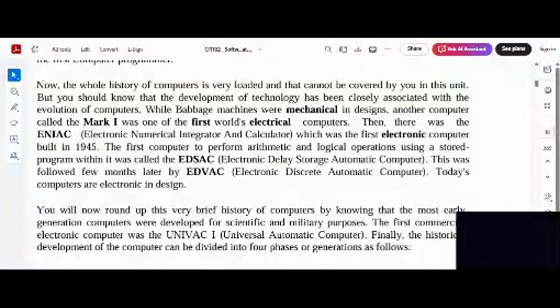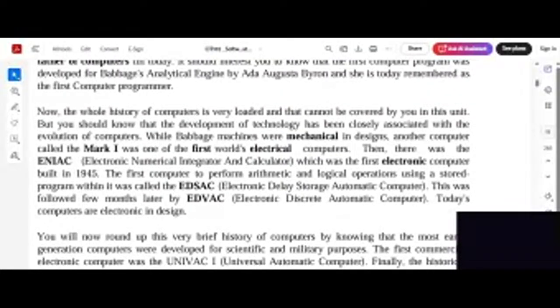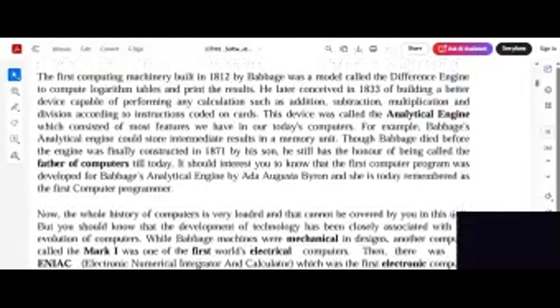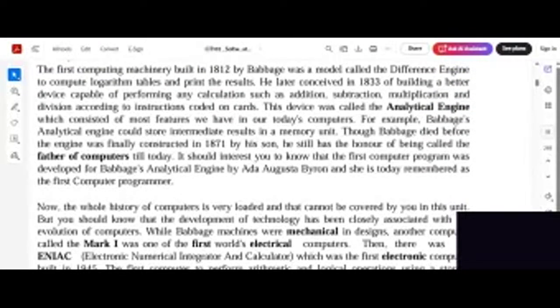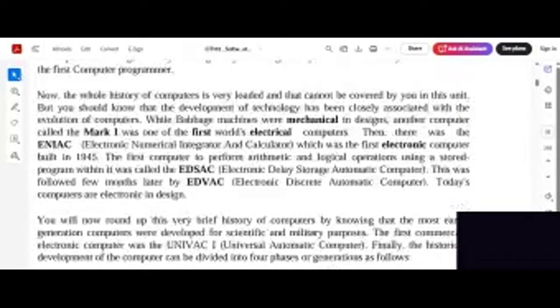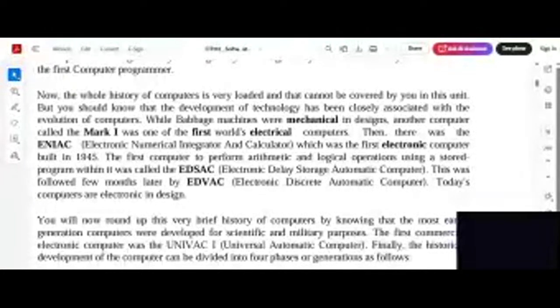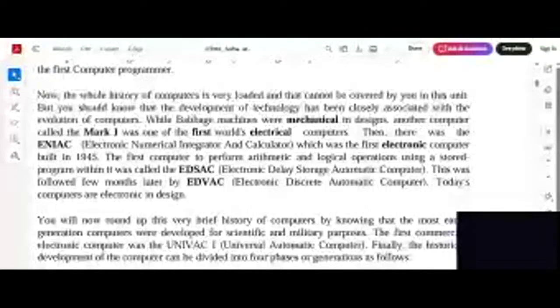But Charles Babbage started his own inventions and came up with some nice computers, like the Analytical Engine. But all his inventions were mechanical. They don't depend on electricity. So the first appearance of electrical computers was the Mark I, the first electrical computer.